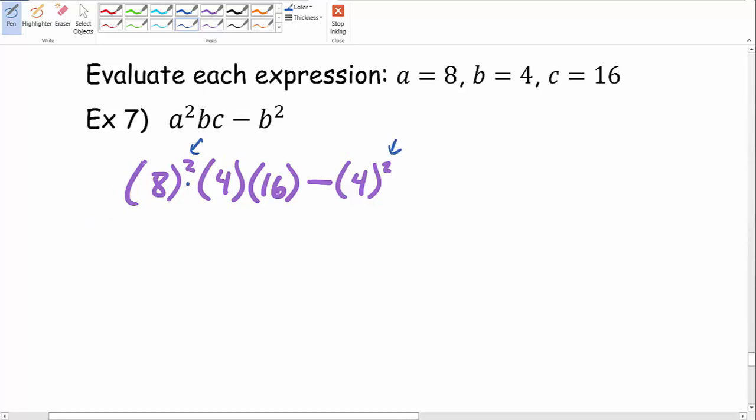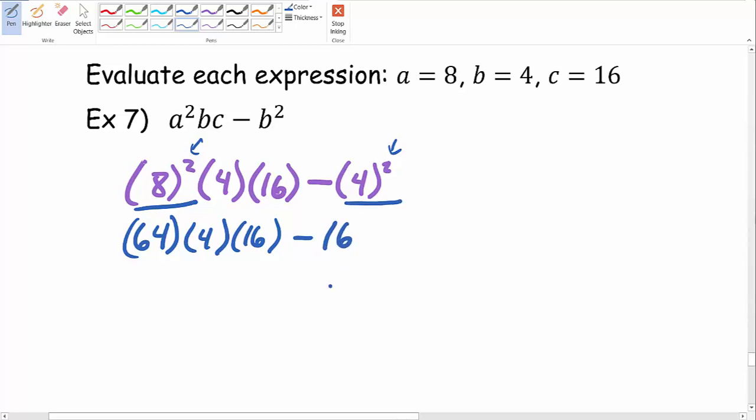Looking at the bases for those exponents, 8 being squared gives us 64. So for that operation, we end up with 64 times 4 times 16 minus 4 squared, which gives us 16. Now there's actually a variety of different approaches we can take from here.